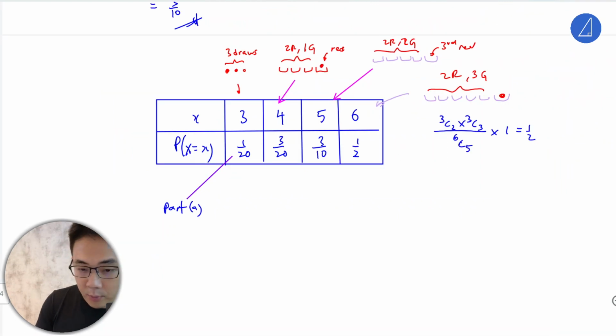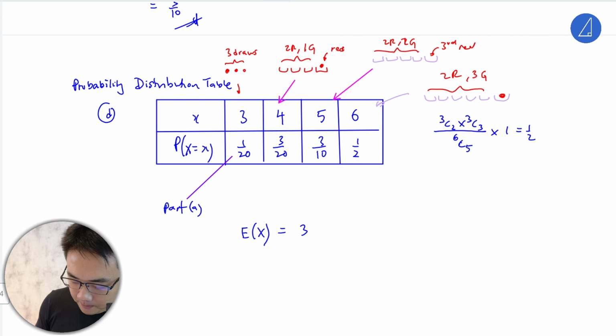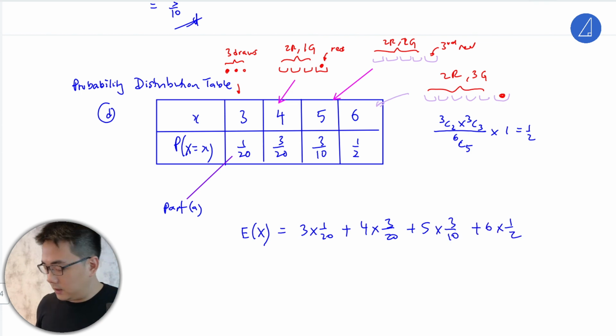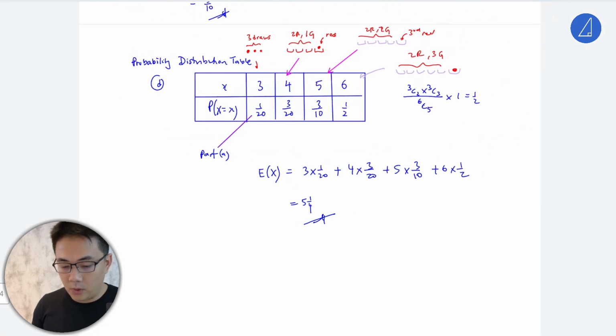So this is my probability distribution table of X. Then what we want is E(X), the expected weighted average. Just multiply them. The answer is 5 1/4. So that's how you do this question.